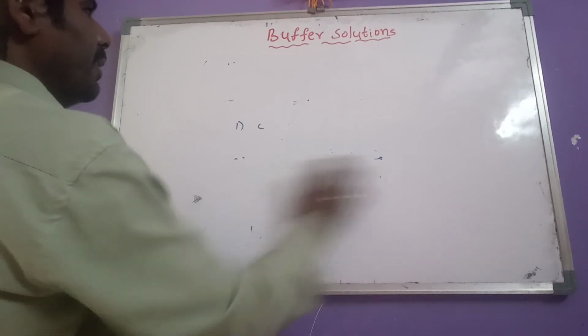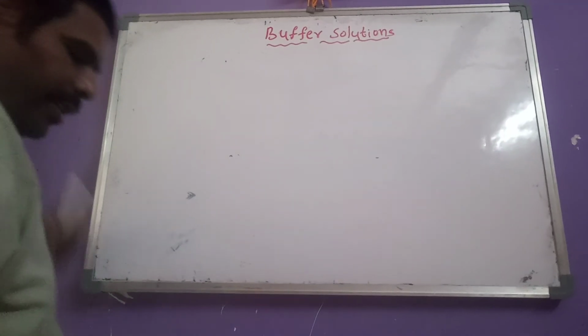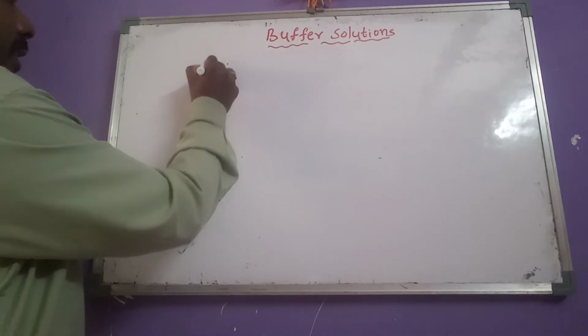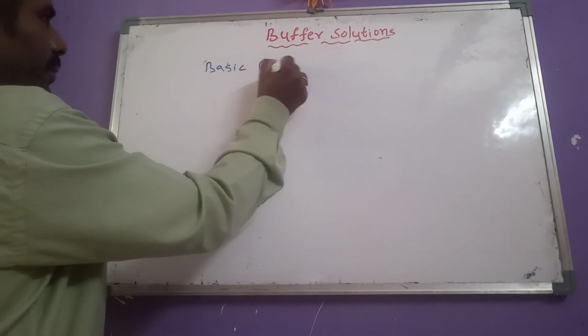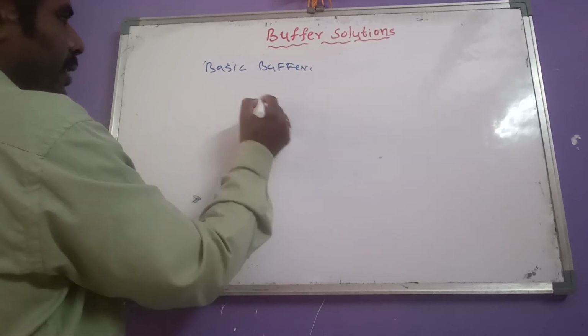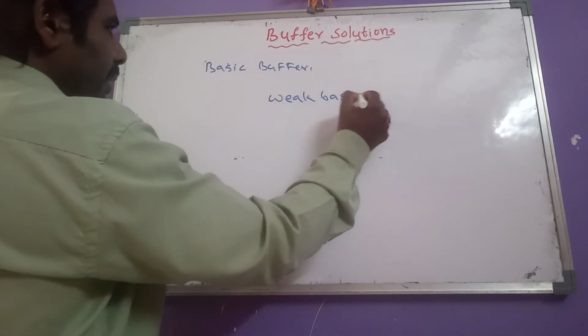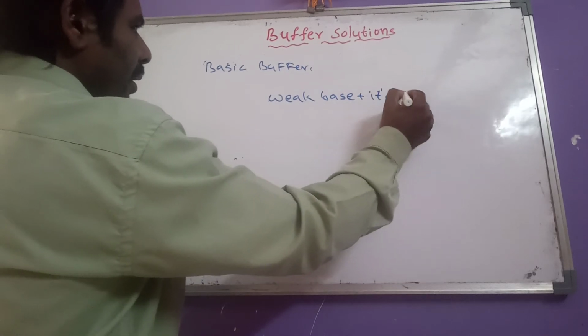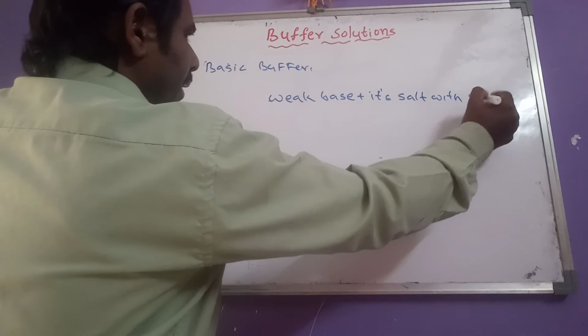And now let us see what is basic buffer. Basic buffer is the same as acidic buffer. We have to give the definition. What is that here? Equimolar mixture of which one? A weak base plus its salt with strong acid.